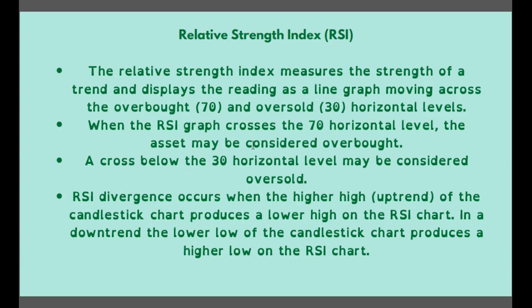When the RSI graph crosses the 70 horizontal level, the asset may be considered overbought. May, not will. It's a condition that cannot be used in isolation. You cannot just generalize and say the 30 level is oversold or the 70 level is overbought.